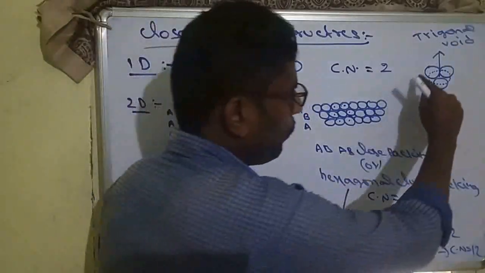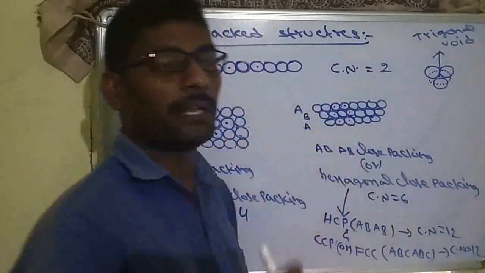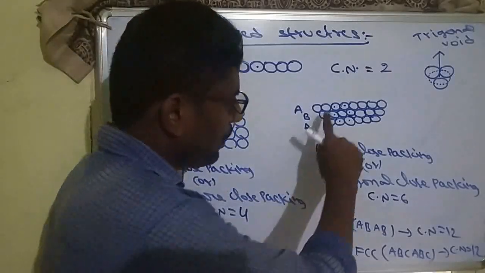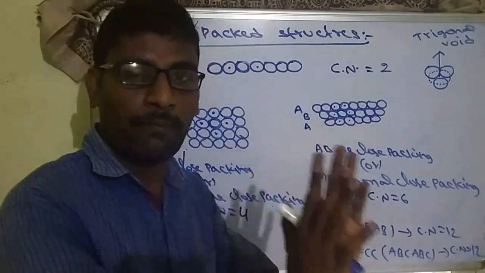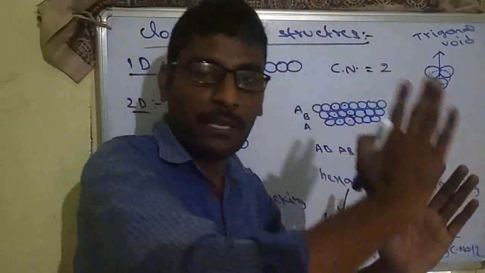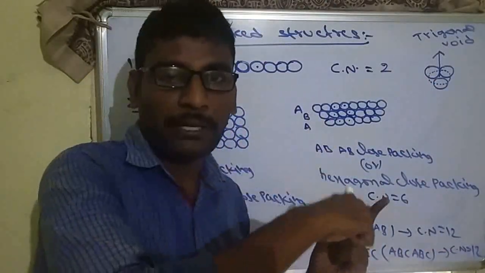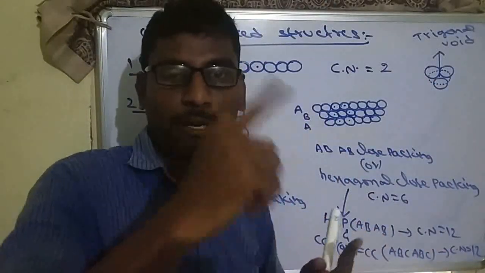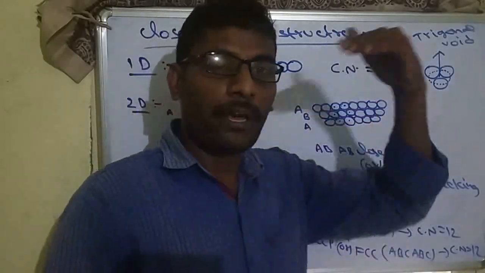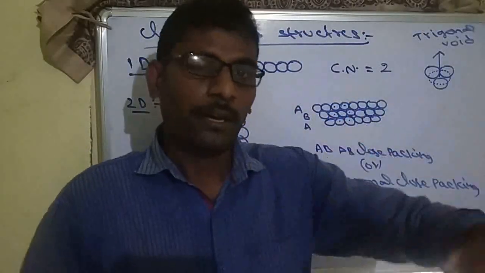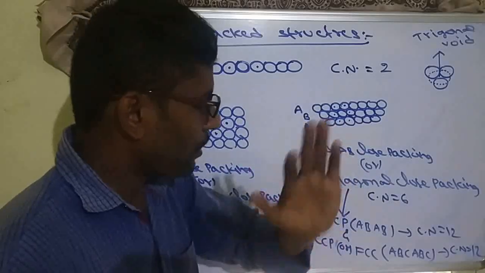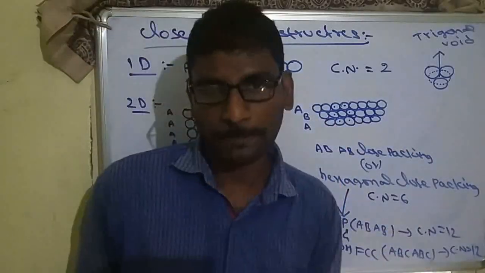That means one particle is attached to three particles. So in this layer coordination number will be 6. When we are attaching another layer, each particle is attached to three particles, so total will become 9. Again from the back side when we are attaching, another three particles will come. So total coordination number will be 12.